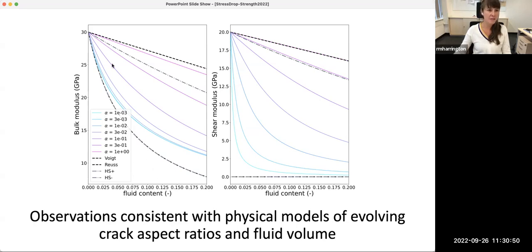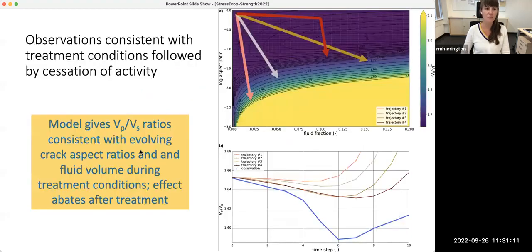The different lines here show a random distribution of cracks embedded in our volume with aspect ratios given by this alpha value. This would be the range of bulk moduli and shear moduli values that we could have given this range of fluid volume content and cracks with different aspect ratios.